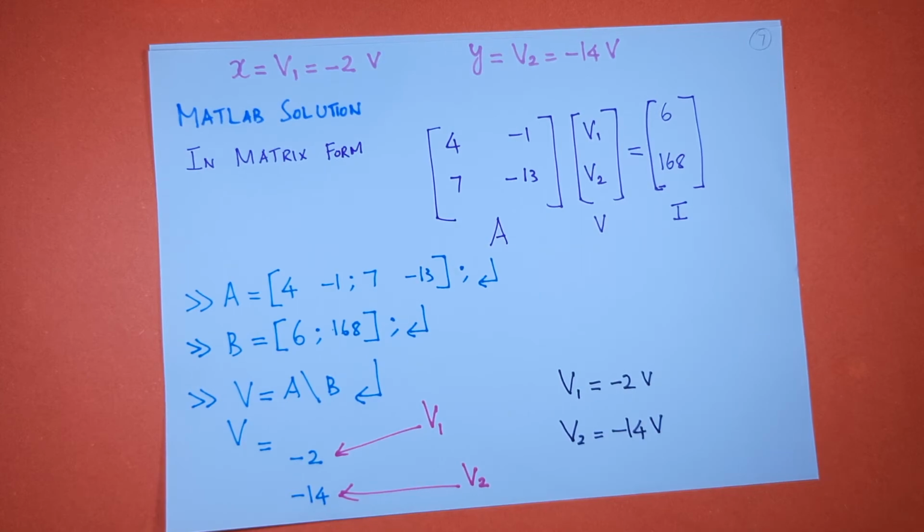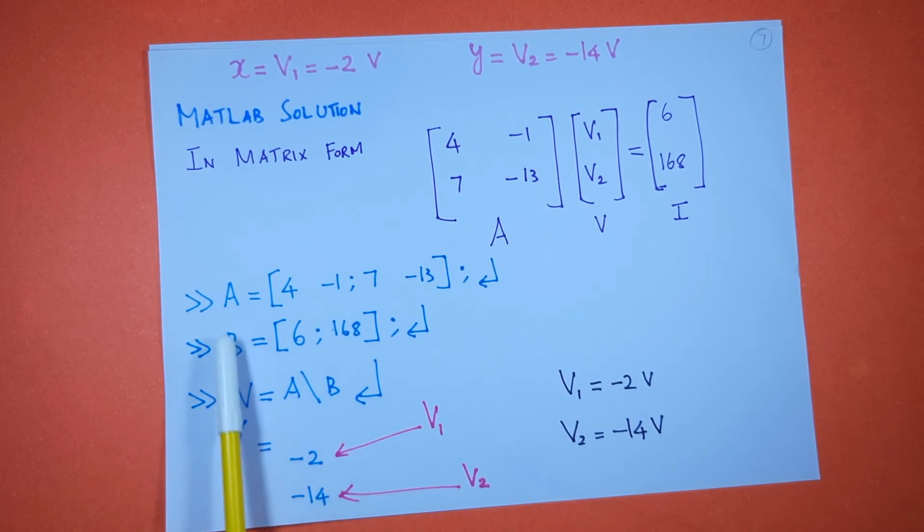To get the MATLAB solution, you have to write those two equations in matrix form. So we have the A matrix, 4 minus 1, 7 minus 13. This is the V matrix, V1, V2, which are the unknowns, equal to the I matrix 6, 168.